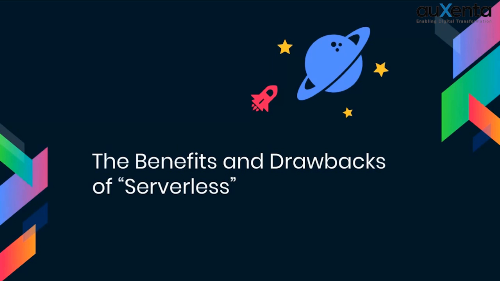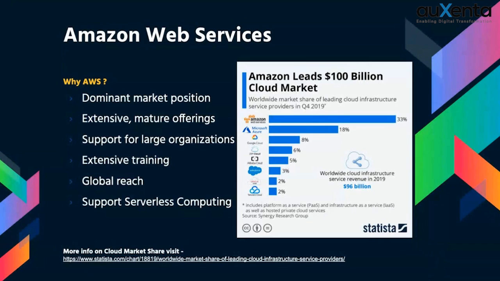So to explain the serverless architecture, I'm going to use Amazon Web Services. As you can see, Amazon Web Services is the leader in the market for cloud infrastructure. According to estimates from Synergy Research Group, Amazon's market share is 33% in the fourth quarter of 2019.